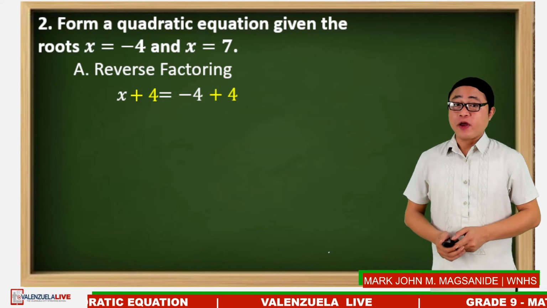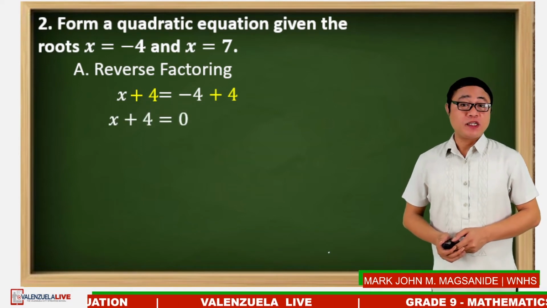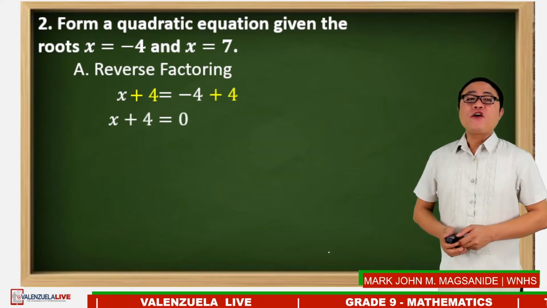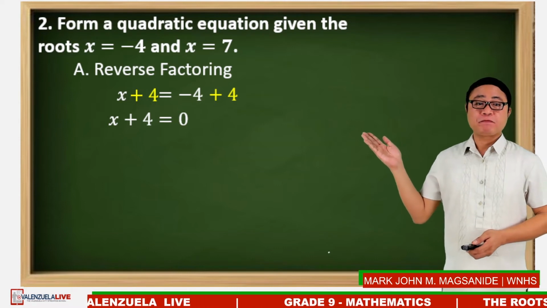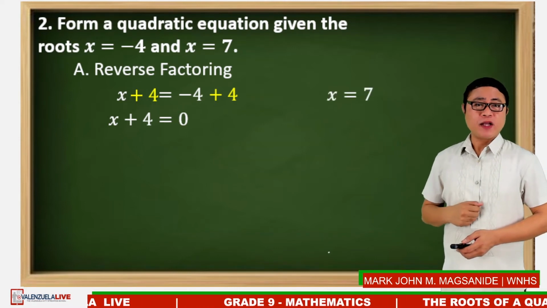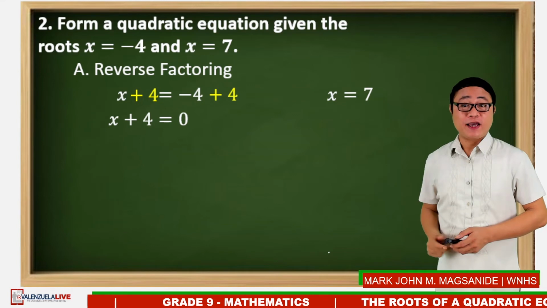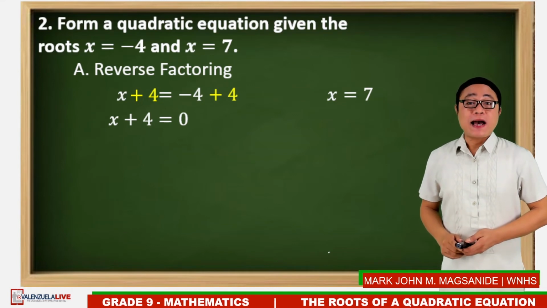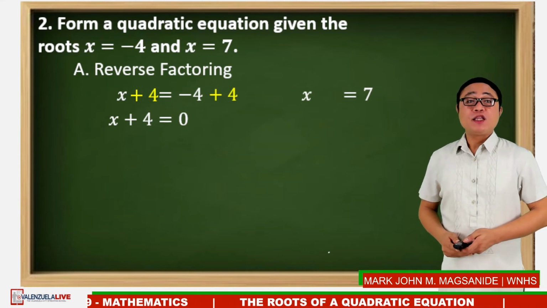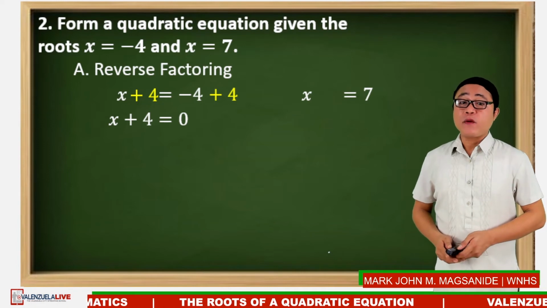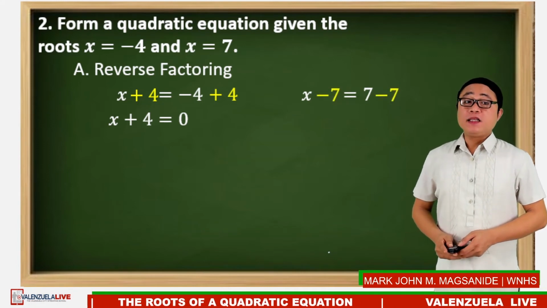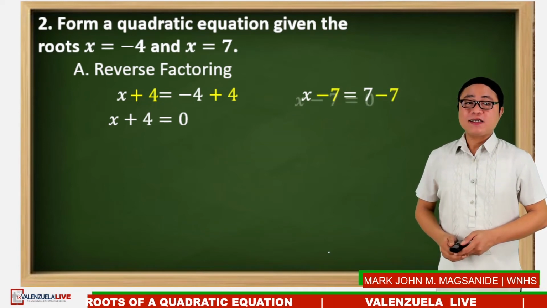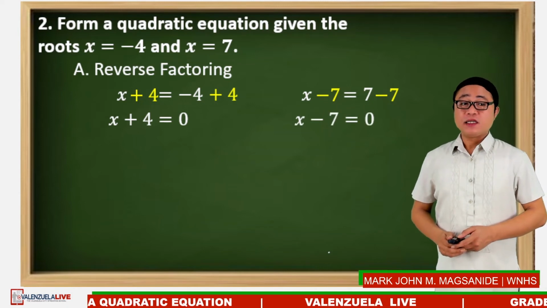Then we will come up with x plus 4 is equal to 0. For x is equal to 7, we will do the same, like what we did with x is equal to negative 4. We will add negative 7 to both sides of the equation. This will give us x minus 7 is equal to 0.